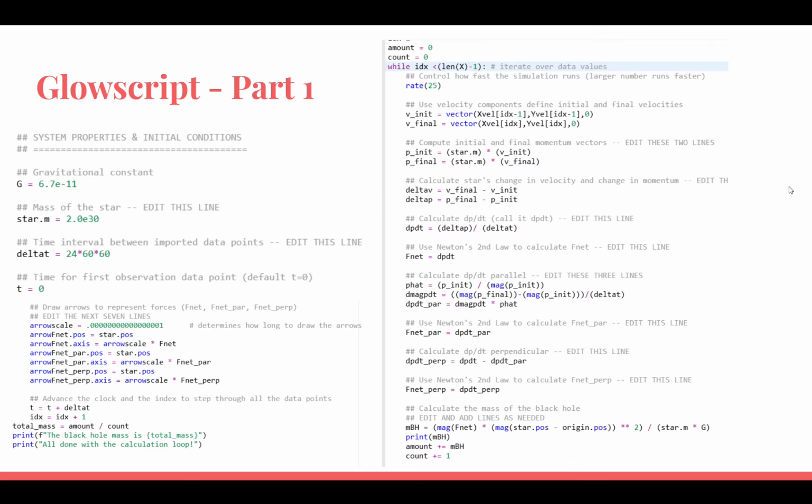For part 1, this is the code I used. This is my initial conditions of gravity and our mass, and throughout this code, as you can see, it was used to find the velocity components, and then this was used to find the momentum, and then this is the change of velocity and change of momentum.